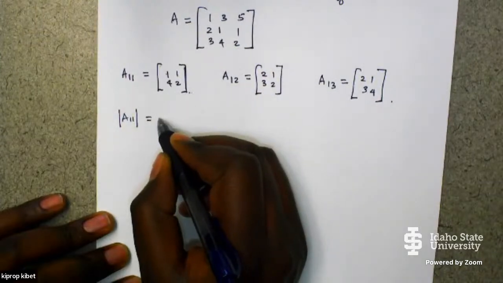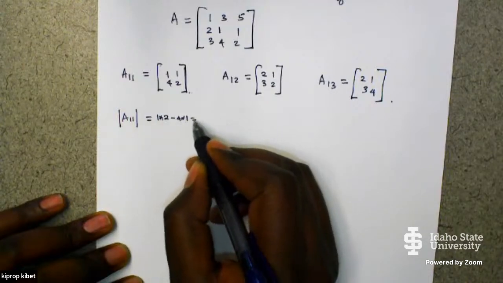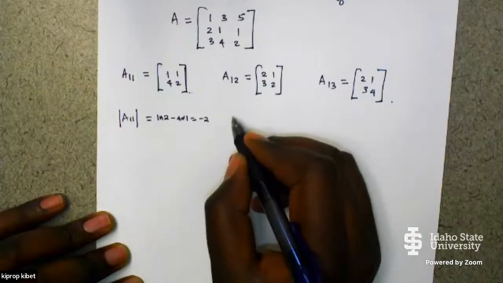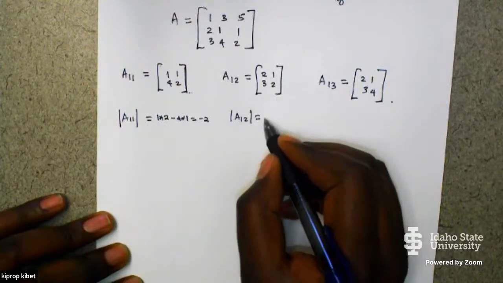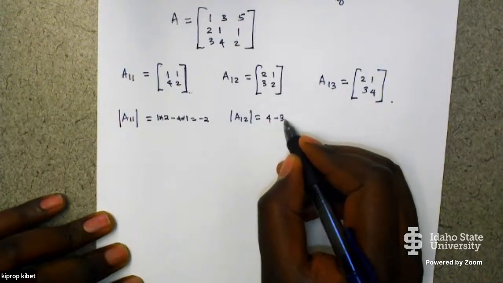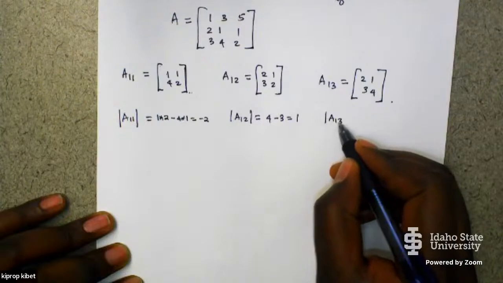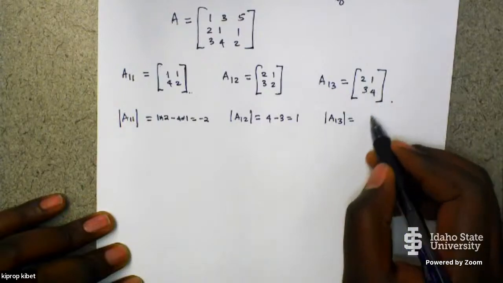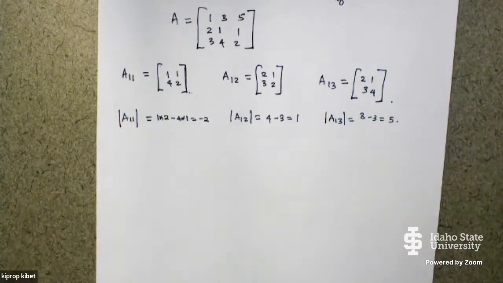So it is 1 multiplied by 2 minus 4 multiplied by 1, which is equal to minus 2. The determinant of A12 is 4 minus 3, which is equal to 1. And the determinant of A13 is 8 minus 3, which is equal to 5.